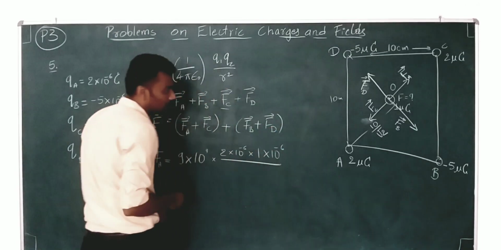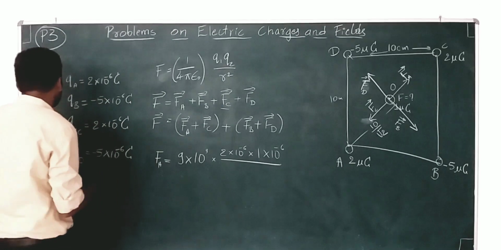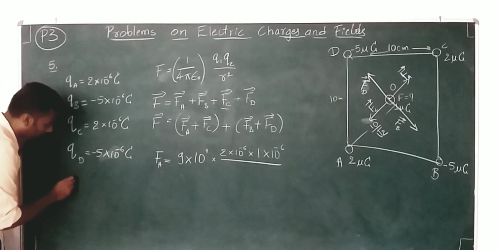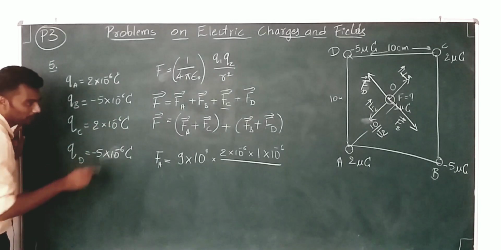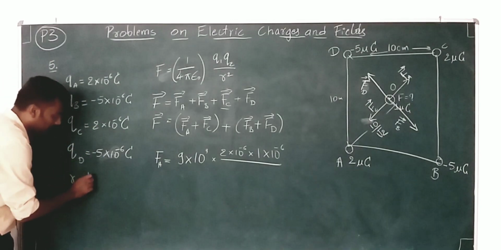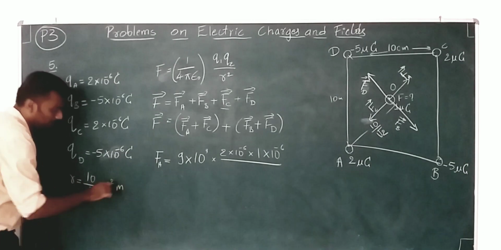Now that is the distance, but it's in centimeter. We need to convert it into meter, which is the SI unit. So R, the distance of separation, or small d is also fine, is going to be 10 by root 2 into 10 to the power of minus 2 meter.